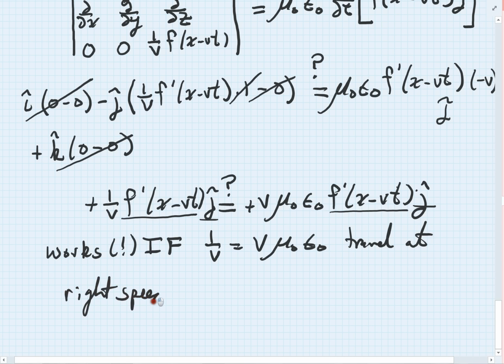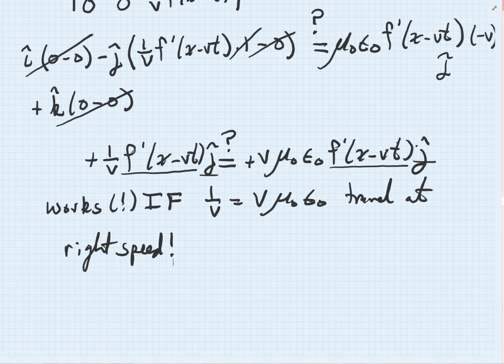So it looks like there are indeed some pulses. But what is the speed? This will give us some clue as to the nature of these pulses. And the speed then, if I want this equation to work out, I would multiply both sides by v to give me v squared on this side of the equation. Then I would divide both sides by mu naught epsilon naught.